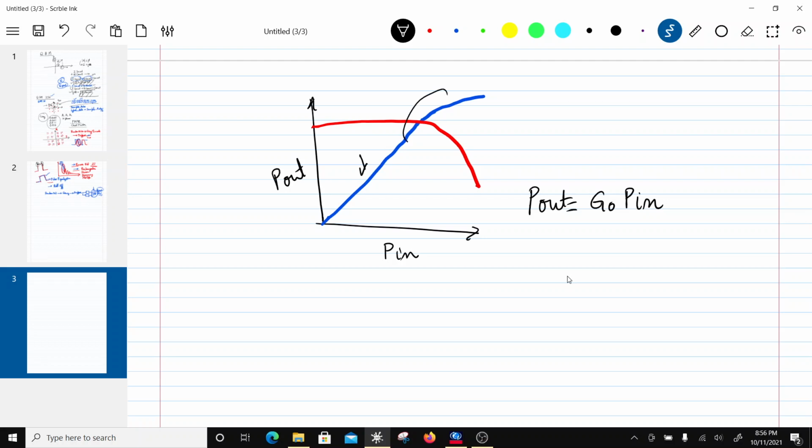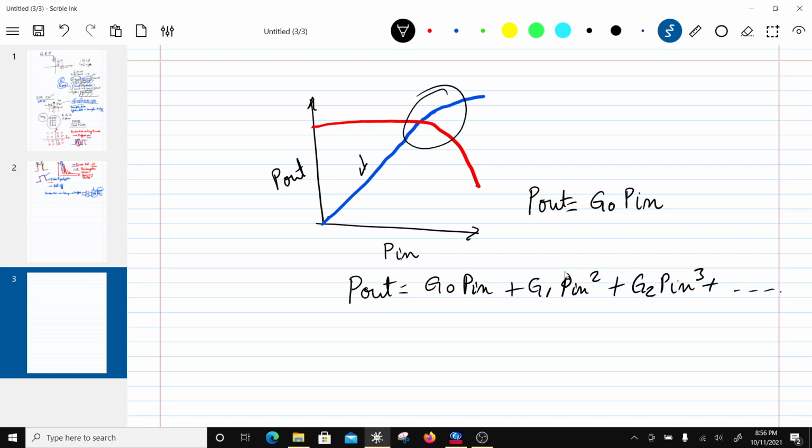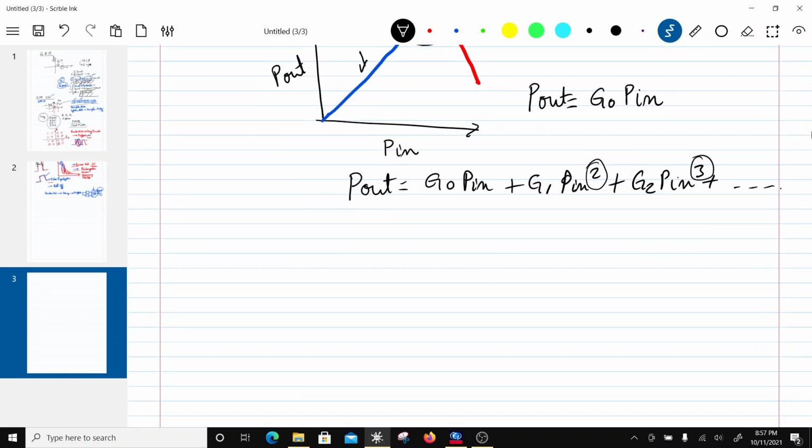Now when you reach this region and compression starts, then this relationship is no longer linear, and to approximate that you would have a higher order equation: G0 times P in plus G1 times P in square plus G2 times P in cube, and so on. Whenever you run into these squares and cubes to model this transfer characteristic, you run into something called mixing. So what is mixing is the following.